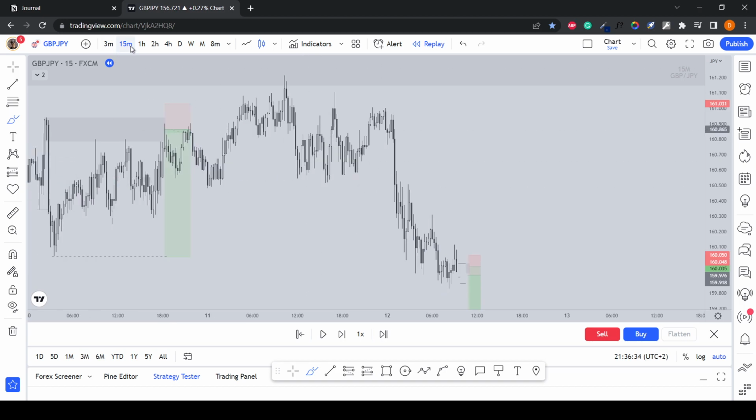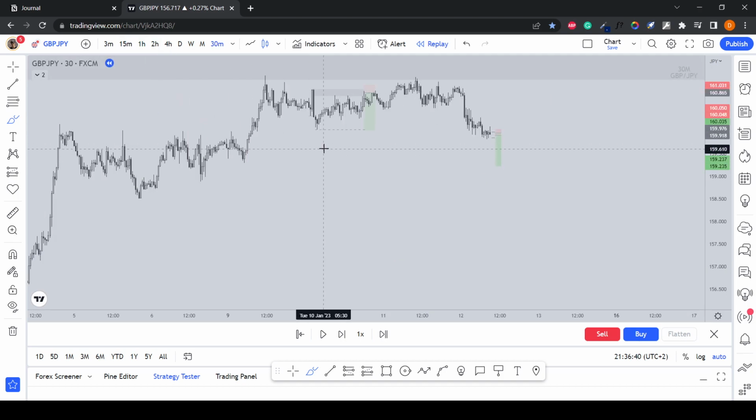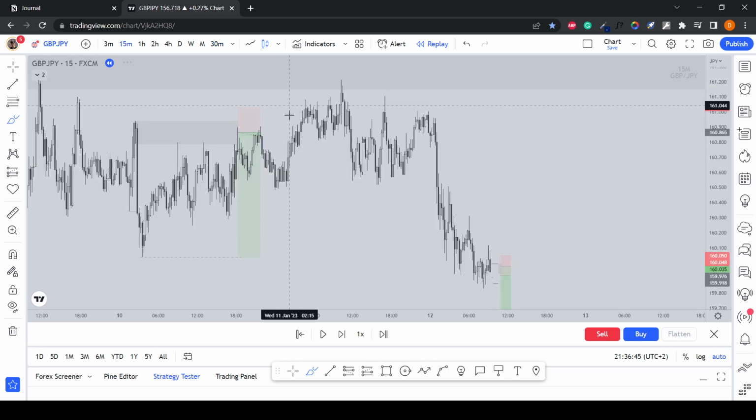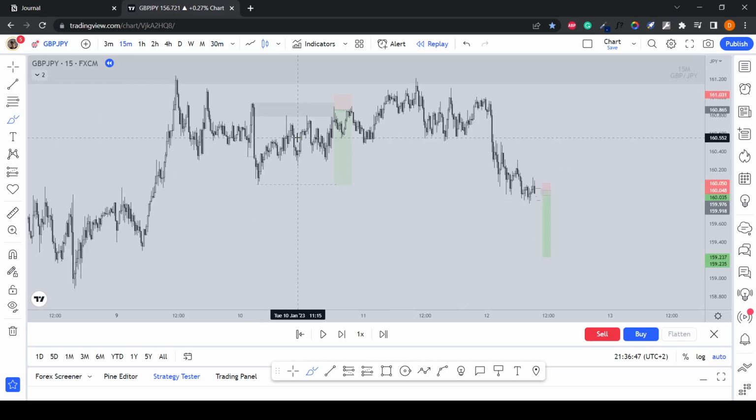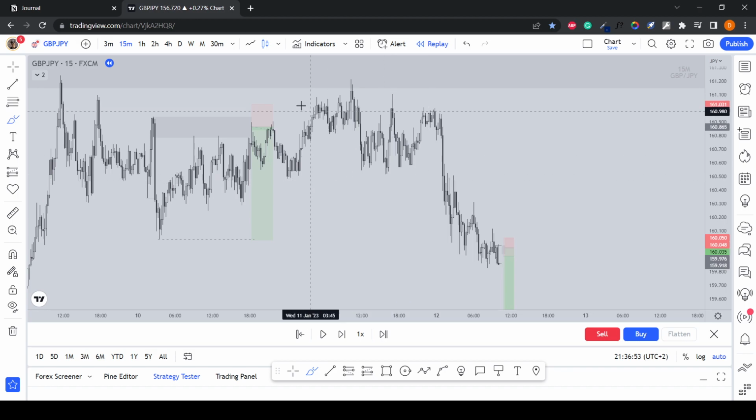As you can see, we started to break, at least on 30 minutes. Actually no, 15 minutes, I think. Yeah, we can say that 15 minutes started to break, and so some downwards movement started.